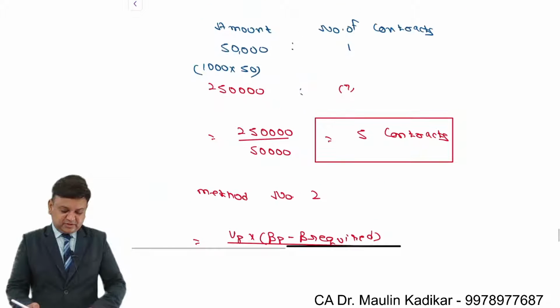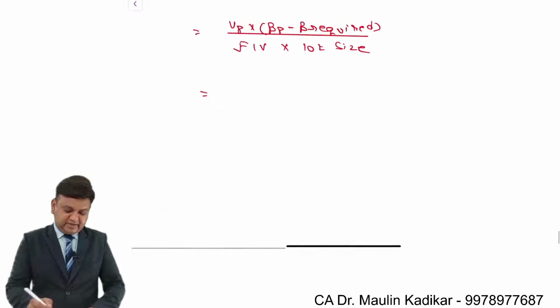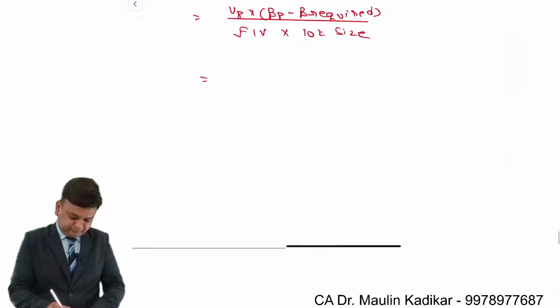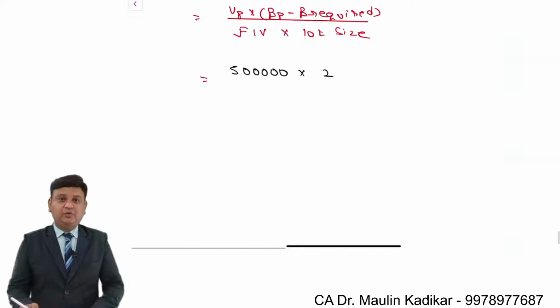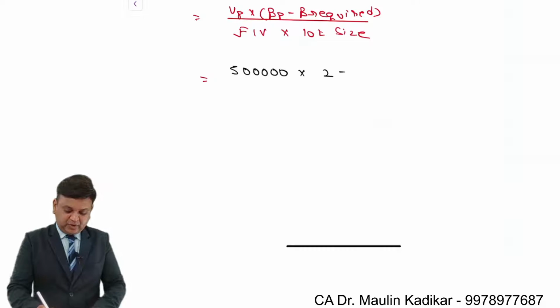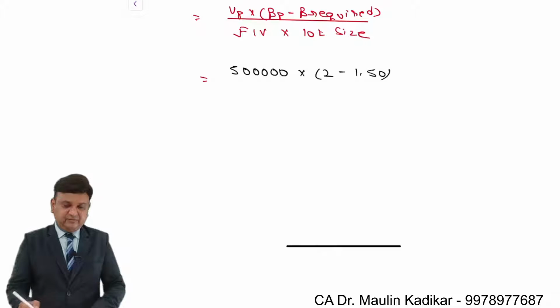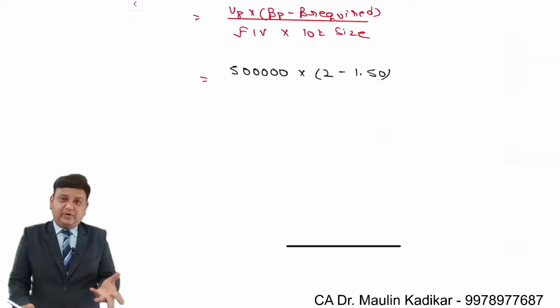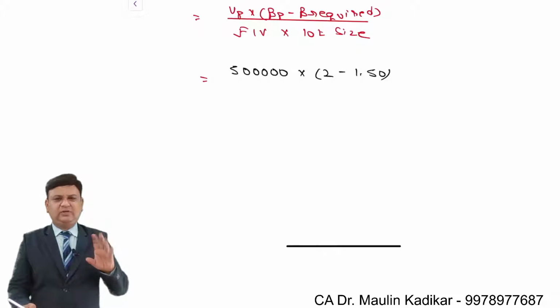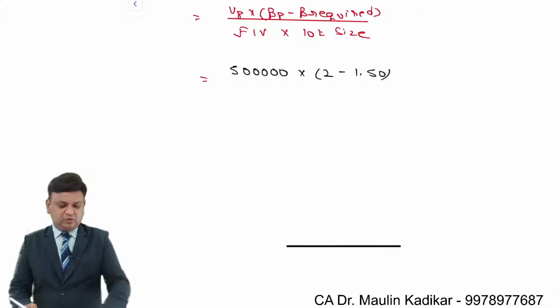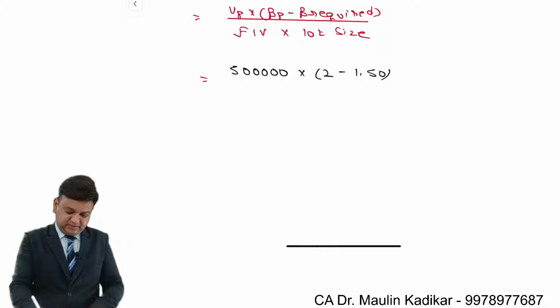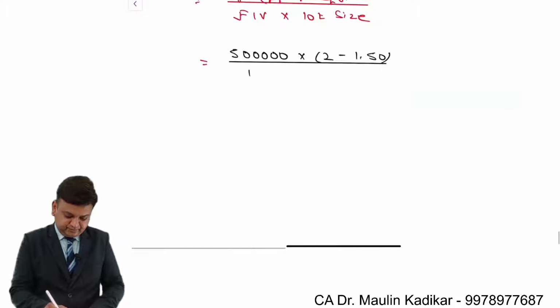Value of the portfolio is an amount of 5 lakhs. Beta of the portfolio is 2. You want to reduce it to 1.5, means you want to reduce by 0.5. You want to have 25% hedging, 0.5 divided by 2, divided by 1000 into lot size 50.